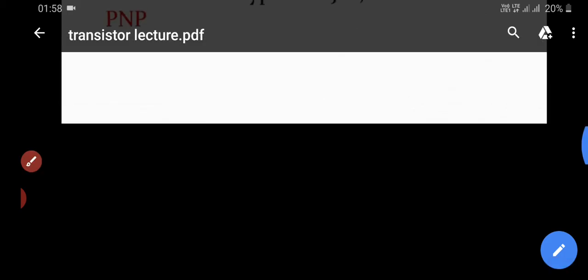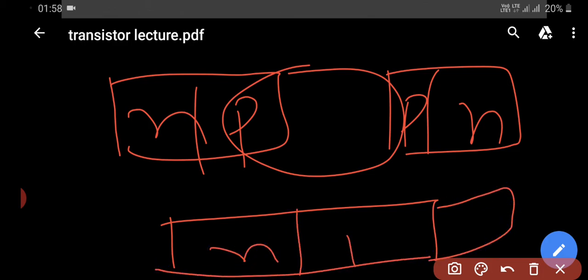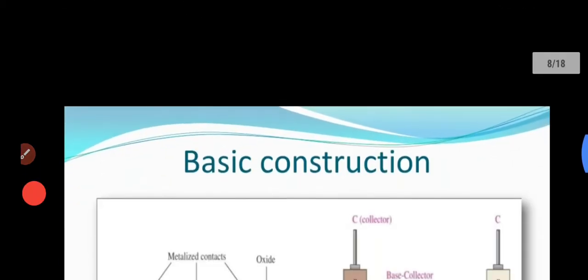Similarly, when we connect P of the first diode with P of the second diode, an NPN transistor is made. So a transistor is made by connecting two diodes back to back.